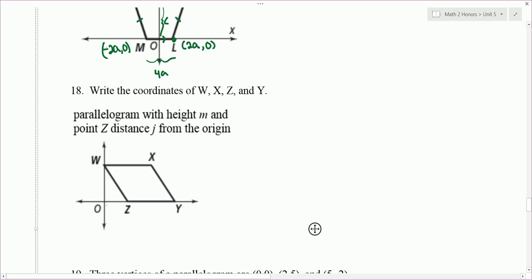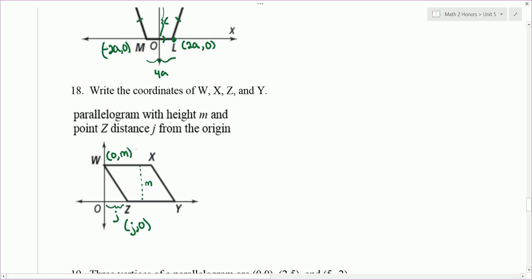Okay, so Z is the distance J from the origin, and the height of this parallelogram is M. Okay, so the point Z we know is J, comma 0. Is there anything else we have here? Parallelogram with height M. Well, W we know is going to be 0, M.